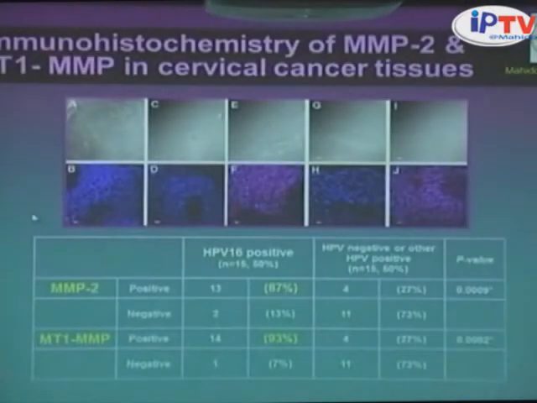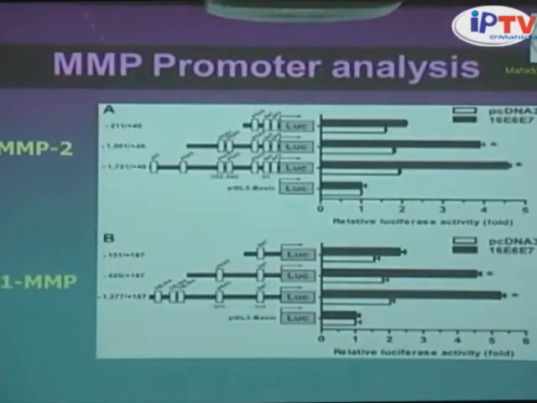So this result shows that PEA3 in both MMP2 and MT1 might be the site of action of the virus protein on these two promoters. And further analysis of these two promoters is ongoing in our lab.